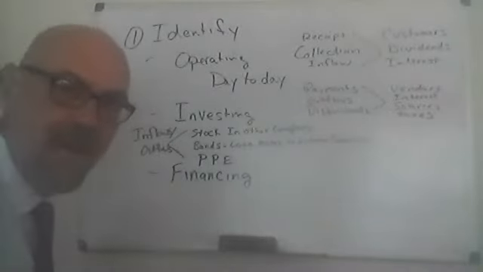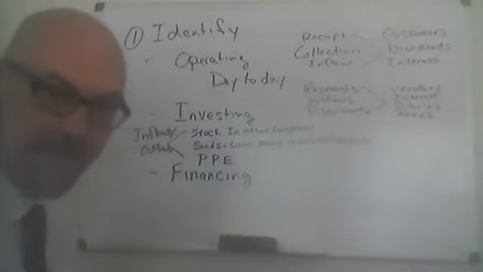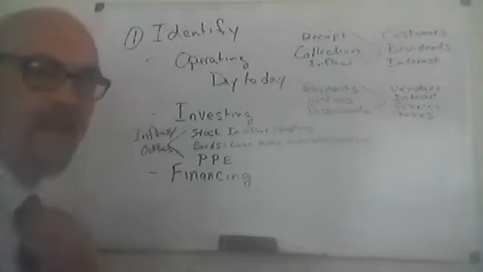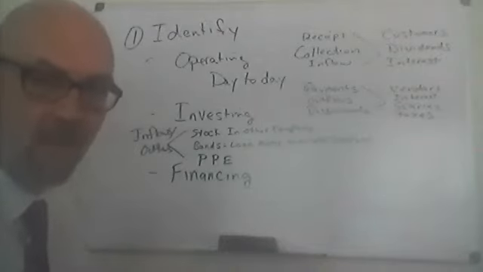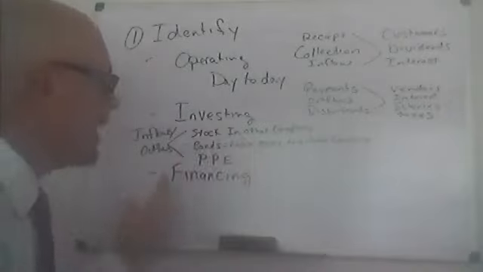Okay, we could buy stock in another company. In that case, it's a cash outflow. We went out and bought stock. We could have already owned stock in another company and decided it's time to let it go. So we sold the stock. The cash we receive for selling that stock is a cash inflow in the investing activity.